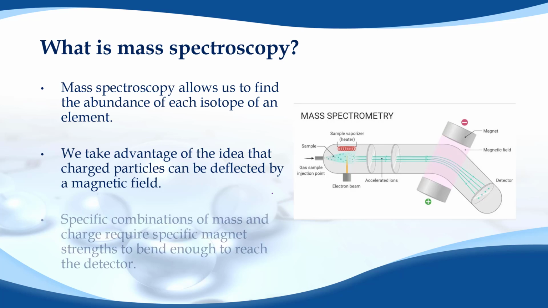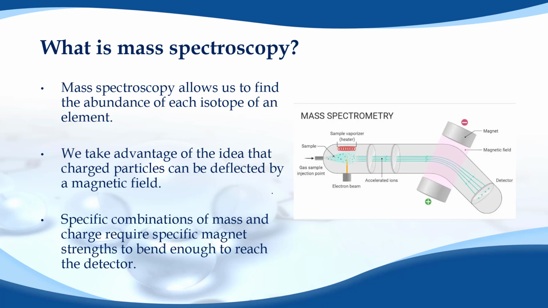Based on the strength of the field, it will cause things to bend more and more. And the amount that something bends depends on the strength of the magnet and how heavy it is. Keep in mind inertia. The heavier an object is, the harder it is to get it to deviate off of its straight line path. So light objects will bend more than heavy objects.